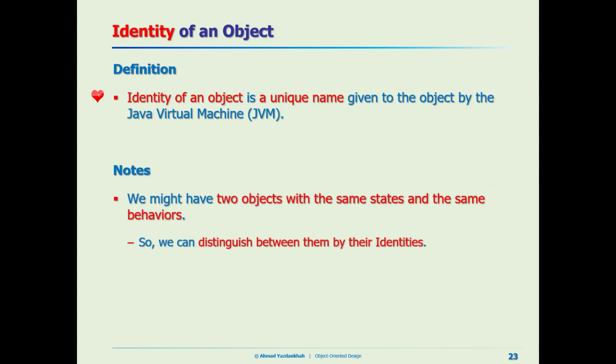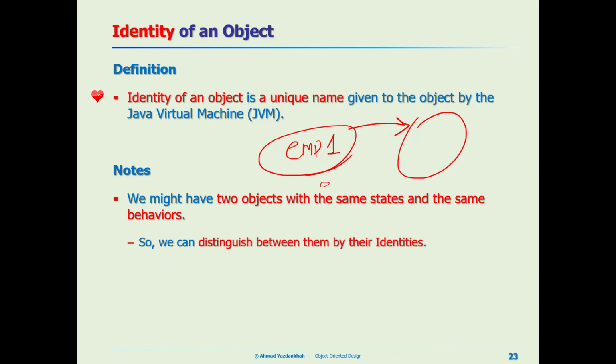Sometimes you can assign the same object to another variable. So if this is your object and this is your variable name, you can assign another variable that is pointing to the same object. I will explain that in detail later, but for now, I want to make sure that you don't confuse between this unique name and the name that you give to your objects.